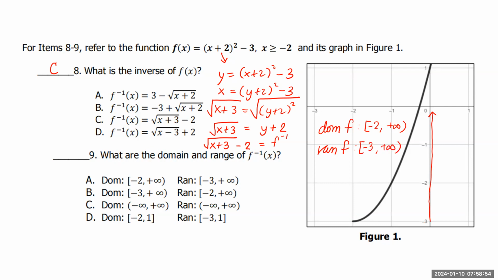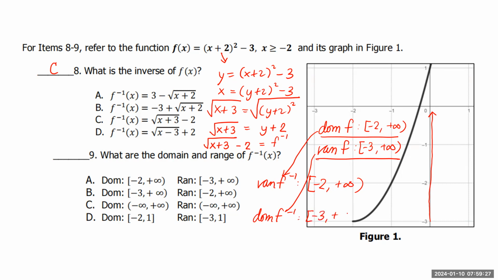Now recall that the domain and range of its inverse is just the opposite. What do I mean by that? If the domain of f is this, then the range of its inverse is also -2 to +infinity. If the range of f is this, then the domain of f inverse is also -3 to +infinity. So our answer is letter B.